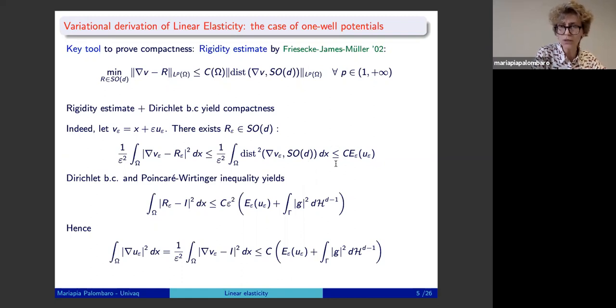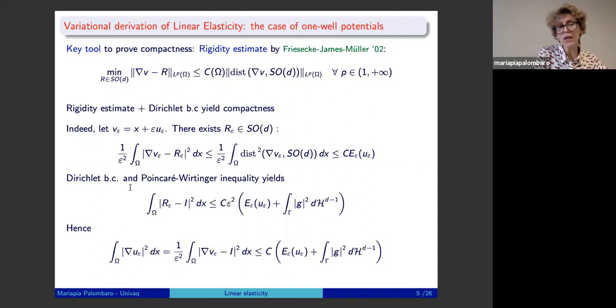So this inequality follows from the assumption. The rigidity estimate of Friesecke, James, and Müller implies this inequality. It says that if we are close to the set of rotations, then the gradient of the deformation v epsilon is close to a constant matrix. So we get a sequence of rotation matrices R epsilon.